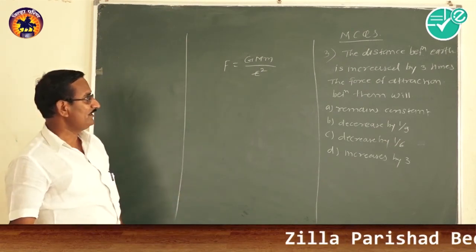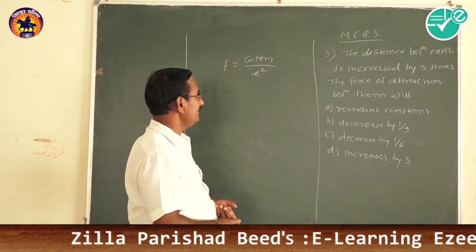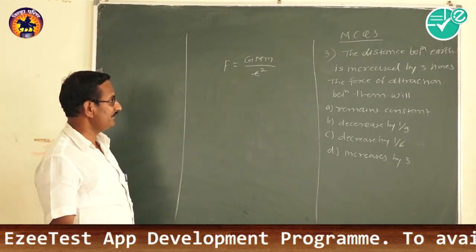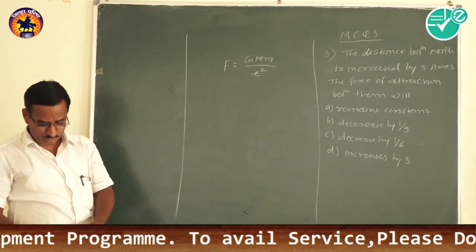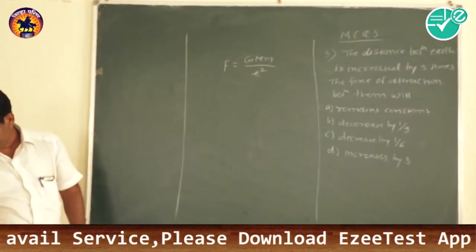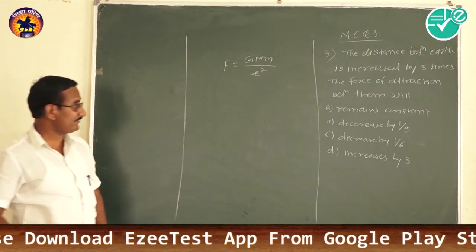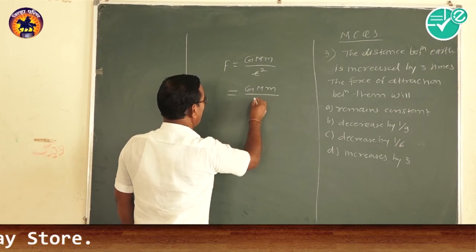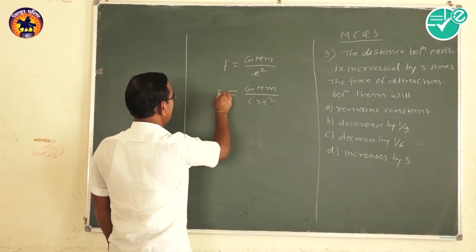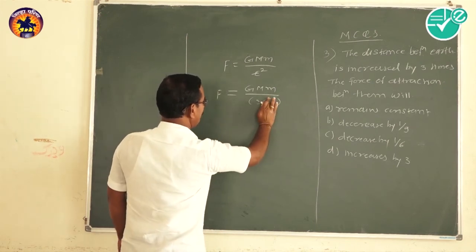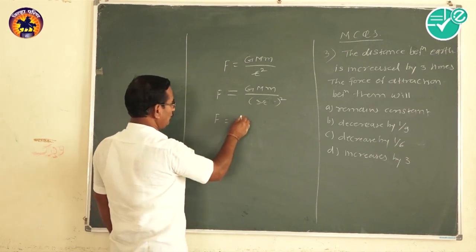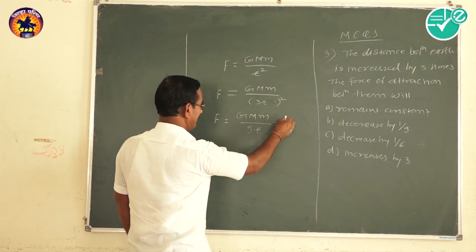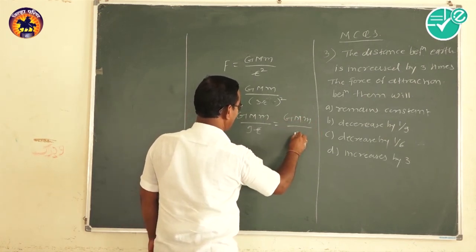From this equation, when the distance between Earth and Sun is increased by 3 times, the force of attraction between them is F equals G M m divided by R square, and the new force of attraction between Sun and Earth is G M m upon thrice R, whole square. Then F equals G M m upon 9 R square, compared with the original force G M m divided by R square.